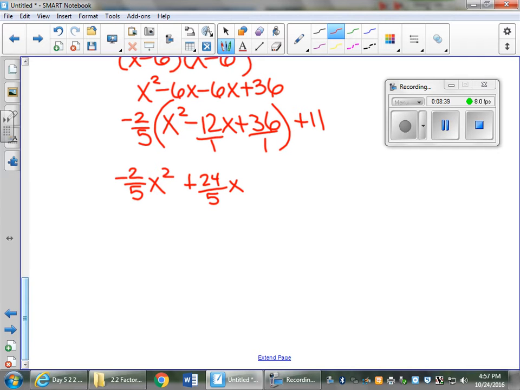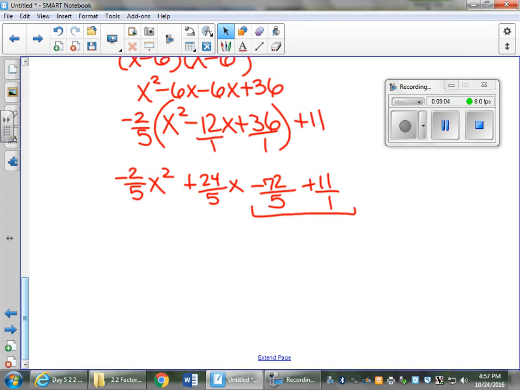Double check to see if you can simplify that fraction, see if there's a common factor, but there's not. So that's done. And then negative 2 times 36 is negative 72/5. Again, that fraction cannot be simplified. I'm going to drop down my plus 11 and throw that over 1. I have to now combine these last two. Here's where you really got to stay with me.